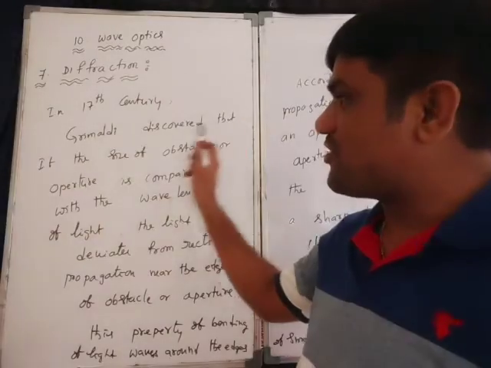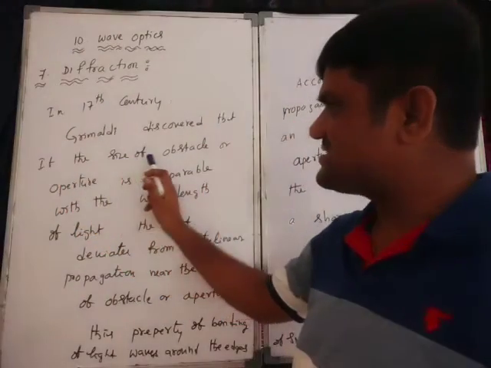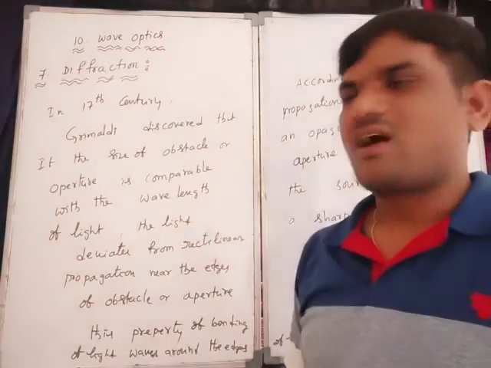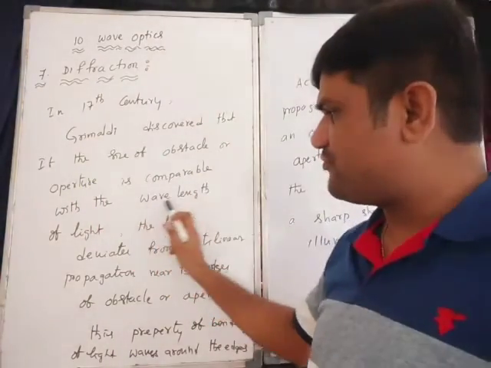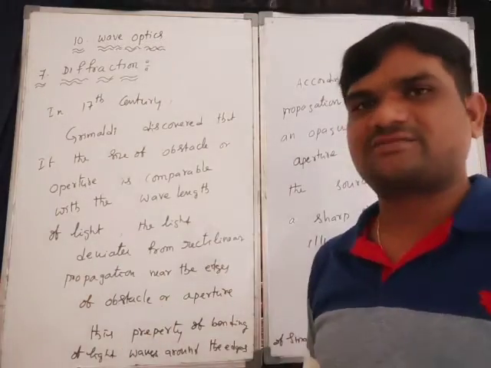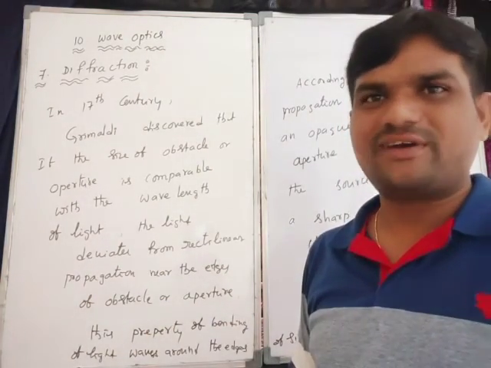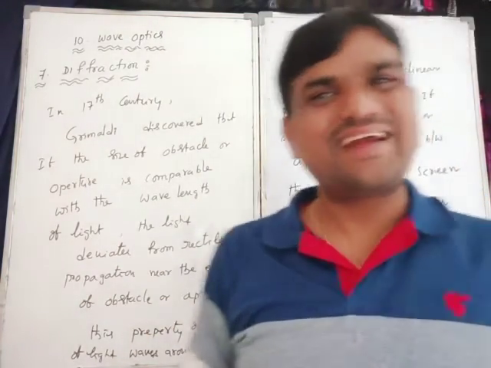Grimaldi discovered that if the size of the obstacle or aperture is comparable with the wavelength of light. What does that mean? You can observe.